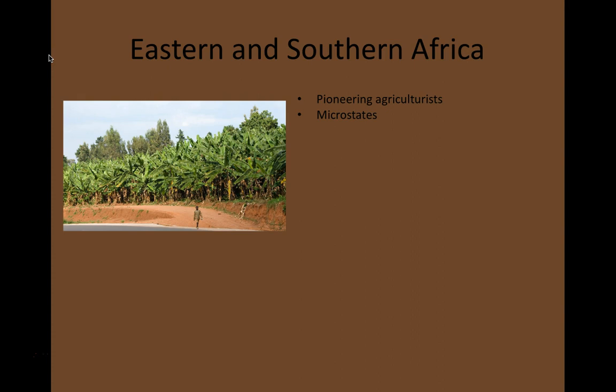And some lands tucked into the rainforest, though still savanna, saw empires or kingdoms developing around the same time. But there are fairly large settlements that could be called microstates even before that, as early as the late first millennium CE. And so, right, pioneering agriculturalists gradually giving way to microstates.